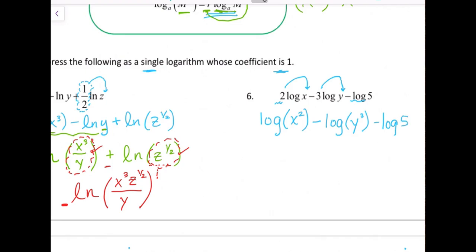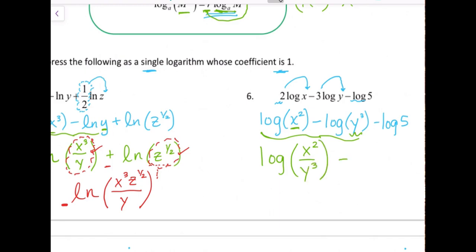So now that I have all of my exponents moved in, I want to now do the addition and subtraction from left to right. If I start with the subtraction here, I'm going to write that as a single logarithm where I take my first argument divided by my second argument.